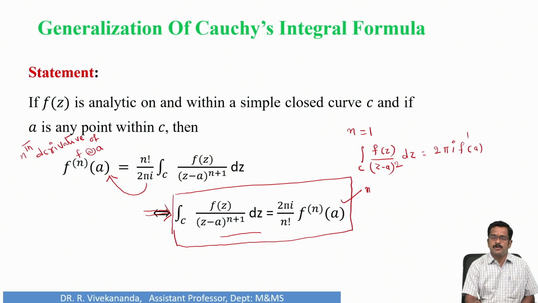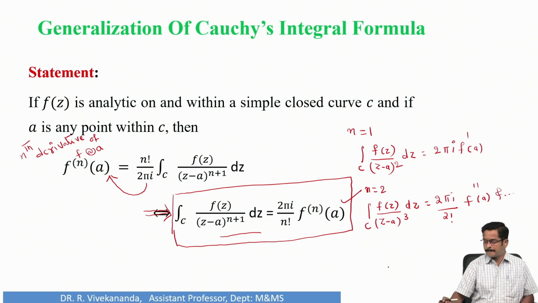If n is equal to 2, integration over C of f(z) by (z minus a) whole cube dz equals 2 pi i by 2 factorial into f double dash of a, and so on, like this.